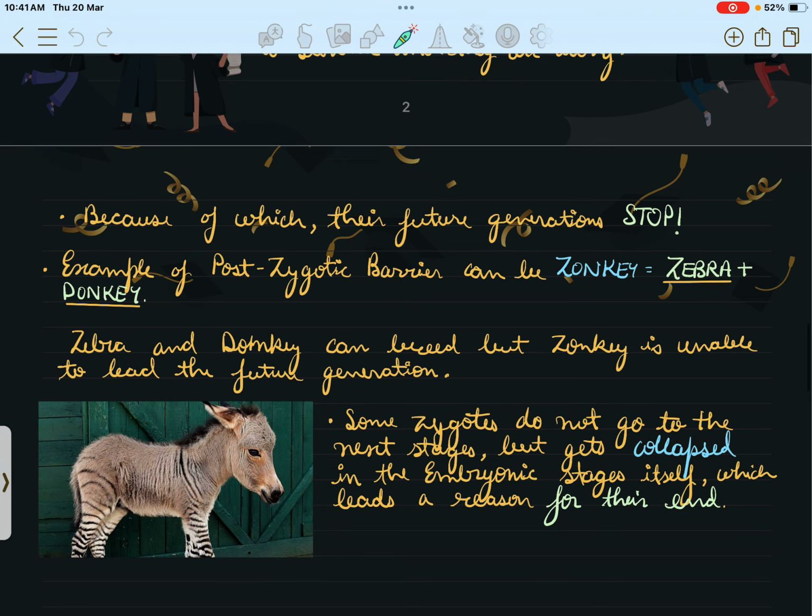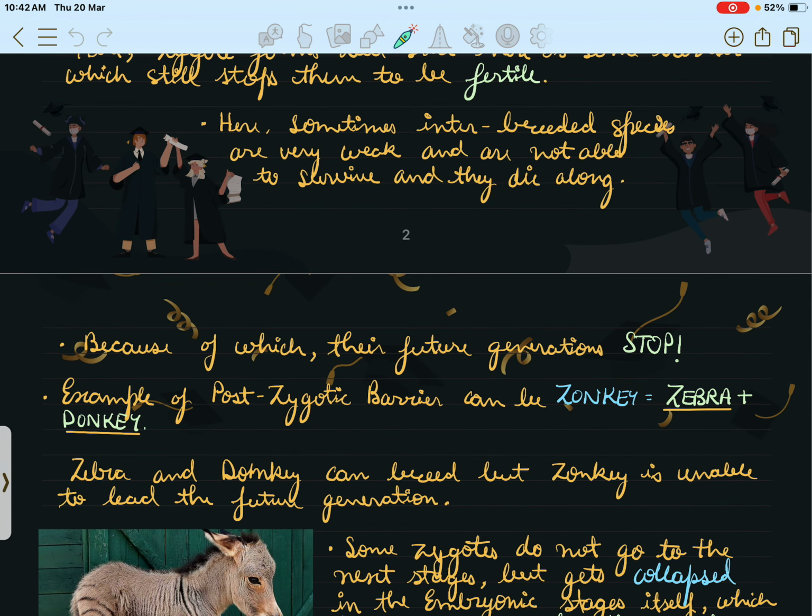So what happens is a perfect individual is formed, but the zonkey has a demerit here. The demerit that we can see is that the zonkey cannot produce the next generation of its own species. For example, the zonkey is a new species.